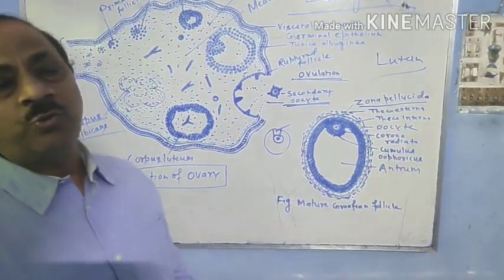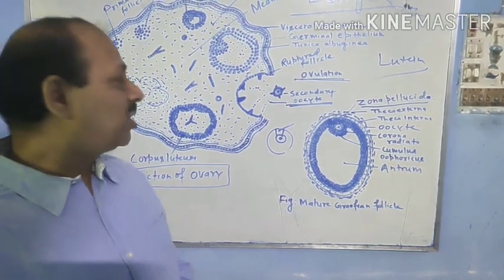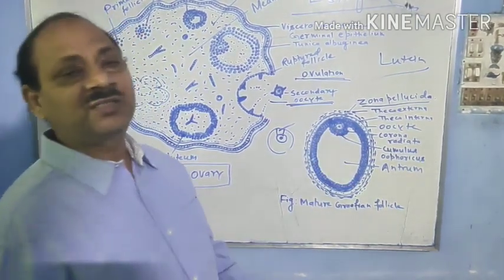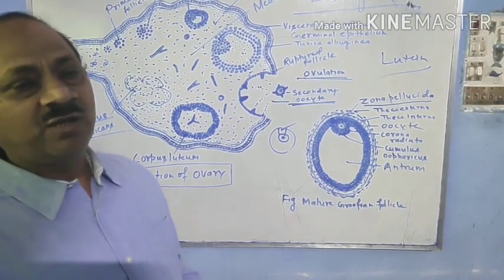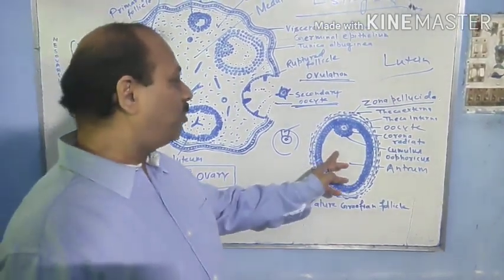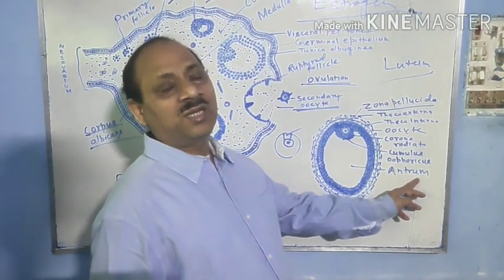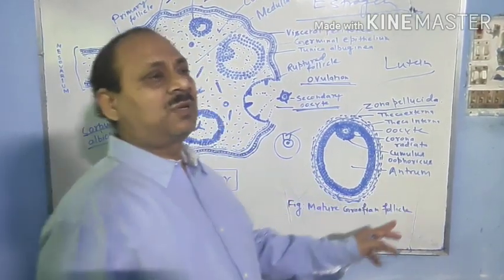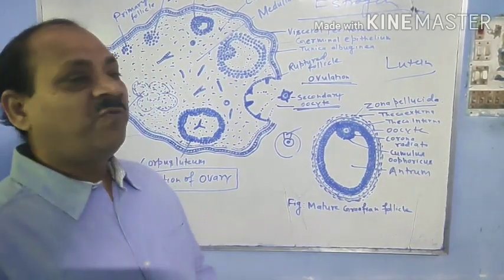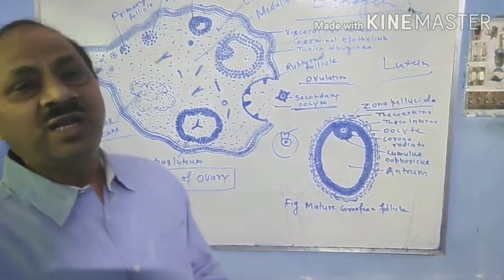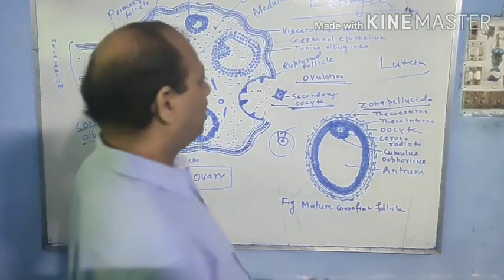With the help of cumulus oophorus, oocyte is suspended in the cavity of follicle. The cavity of follicle is known as antrum, and it contains a fluid known as liquor folliculi.